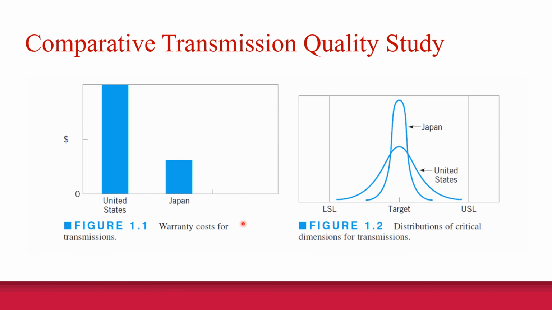When they got to looking at the actual data, what they found was that the Japanese transmissions had a much narrower variability in their manufacturing. What this graph shows is that even the United States products were all manufactured within specs, but there was much more variability.